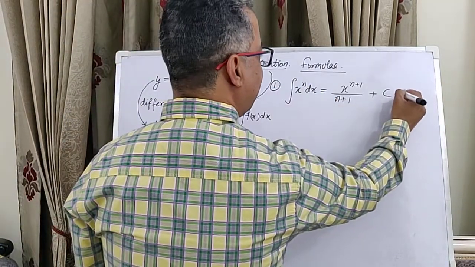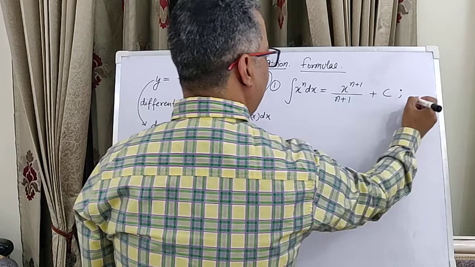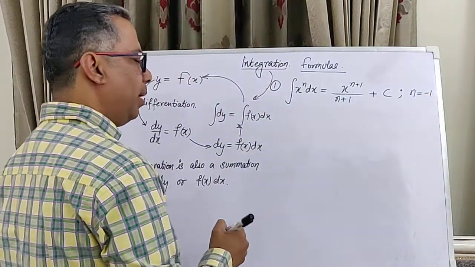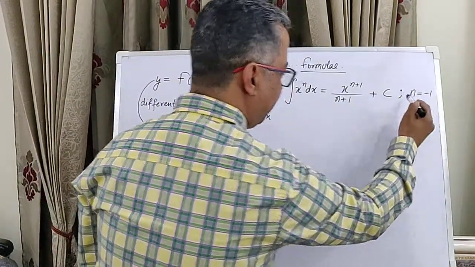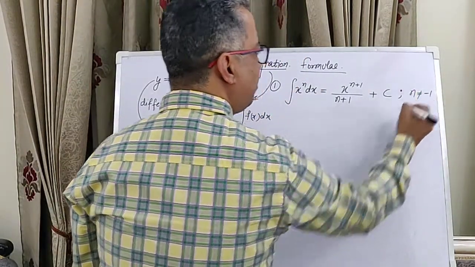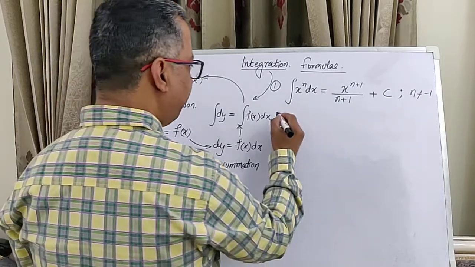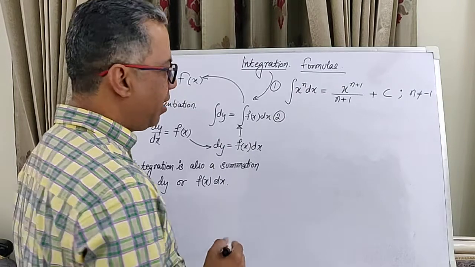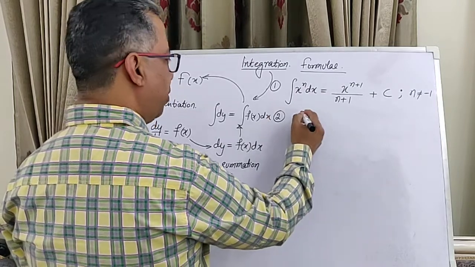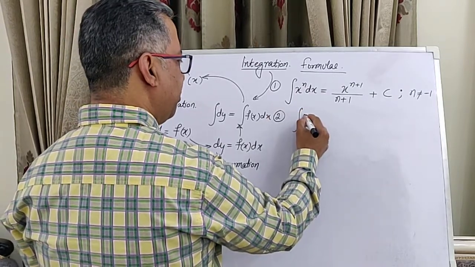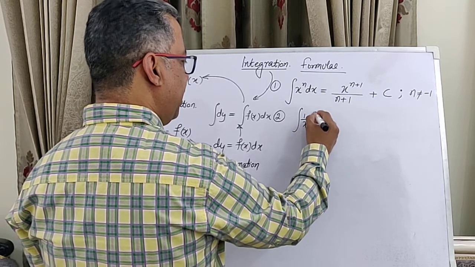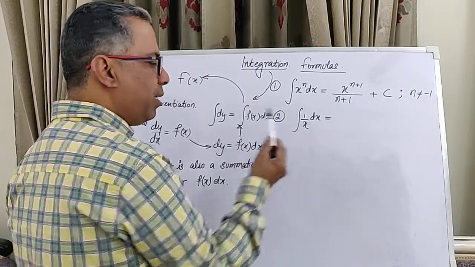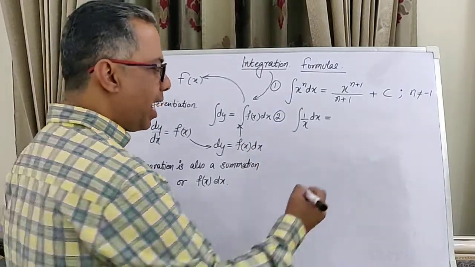Of course, there is a condition here. This n should not be equal to -1. Now I'll get back to the reason for this. N should not be equal to -1. Reason for that comes when I take up the next formula, and that says 1 upon x dx equals, now you will recall 1 upon x was the derivative of natural log of x.